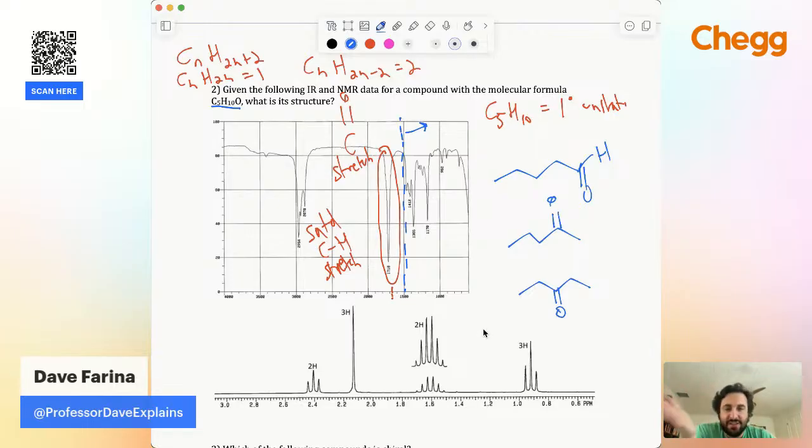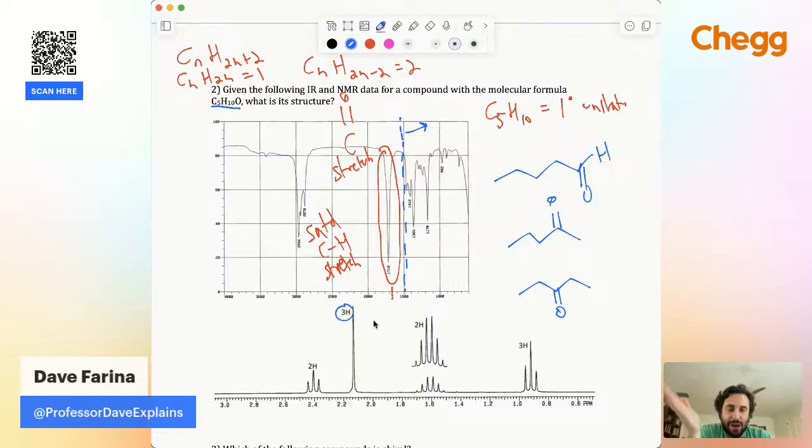Now, there's many ways to do this. The two most common ways to do this would be to look at possible hypothetical structures and make predictions about what the spectrum ought to look like if the structure were true. Or you can look at the spectrum and identify fragments from the spectrum, because we have integrations, we have splitting patterns, right? Look right here, we have a triplet, we have a singlet integrated to 3.